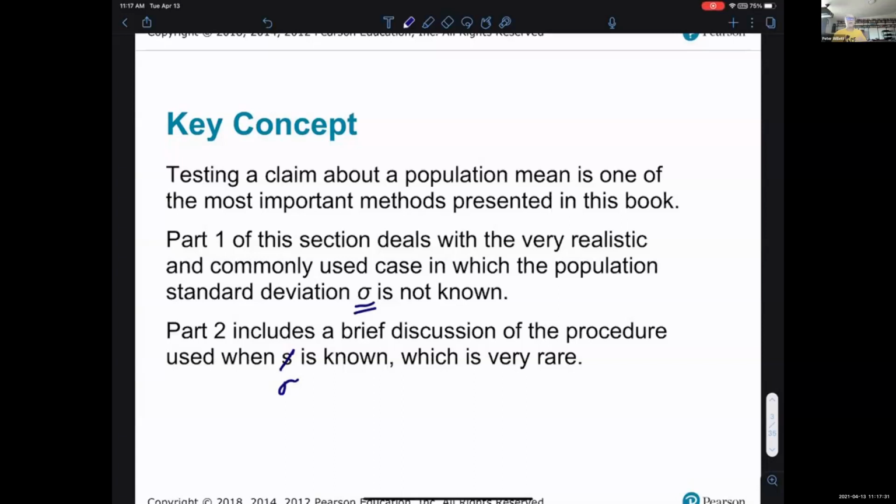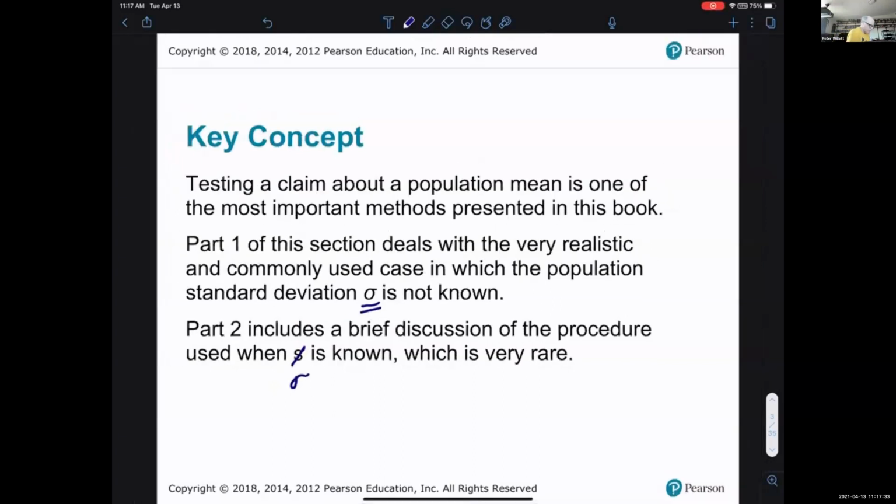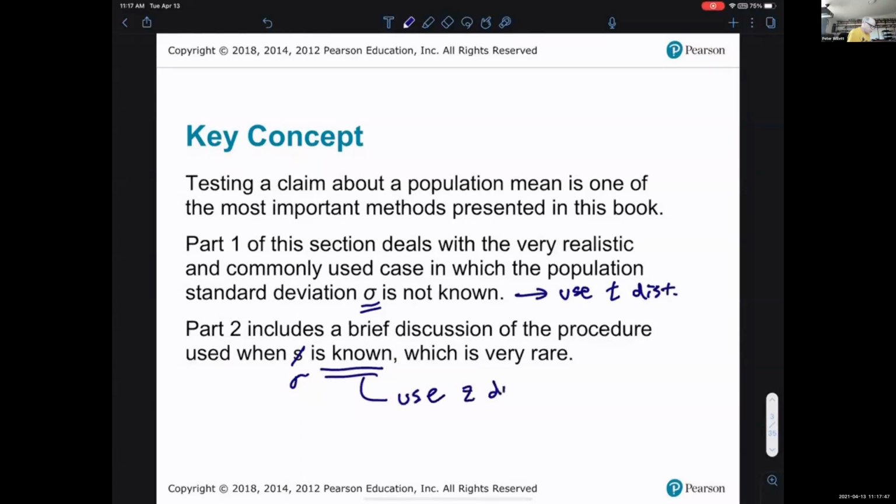When sigma is not known, we use the t distribution. And when sigma is known, we use the z distribution. So that's the key difference between the two here, which they will, of course, illustrate through their examples.